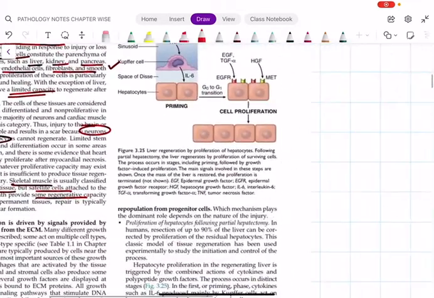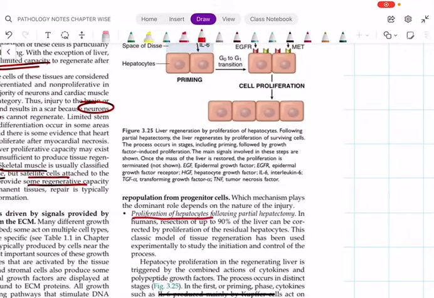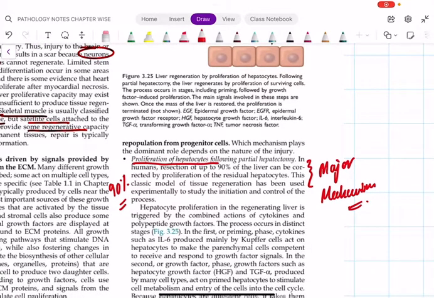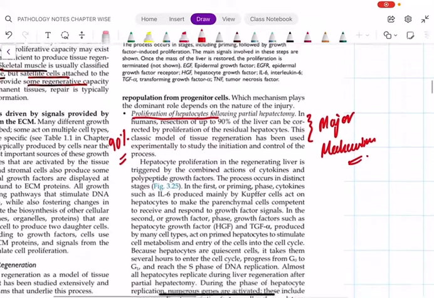So first, the proliferation of remaining hepatocytes. Actually, this is the major mechanism of regeneration, because the stem cells form only some 10%, while this forms around 90%. This is the classical model which has been well appreciated. Whenever the tissue undergoes injury, there will be cytokines and growth factors.